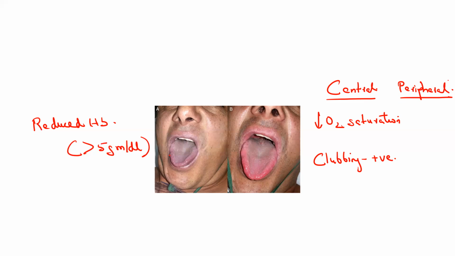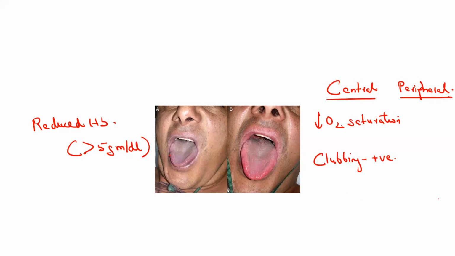The oxygen saturation may be okay, but the amount of blood reaching the peripheral organs is very low, maybe due to peripheral vascular disease, excess cold exposure, Raynaud's disease, or heart failure. The oxygen is not reaching the peripheral organs, so even if you give pure oxygen inhalation, peripheral cyanosis is not going to disappear.